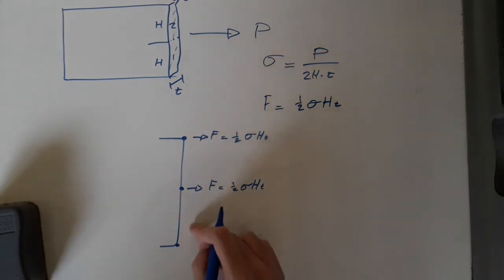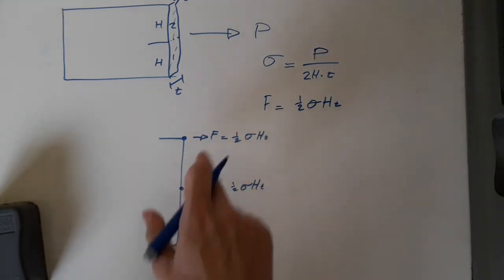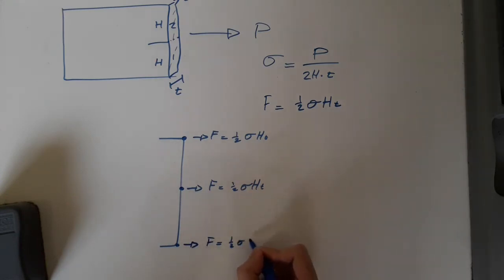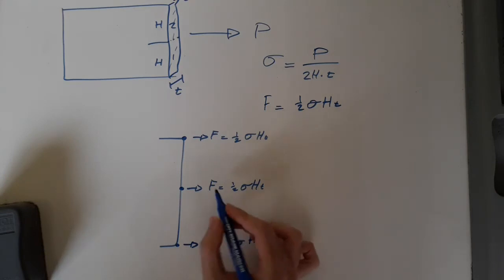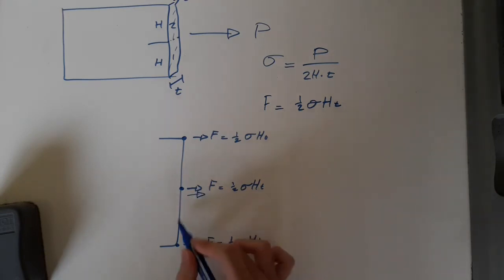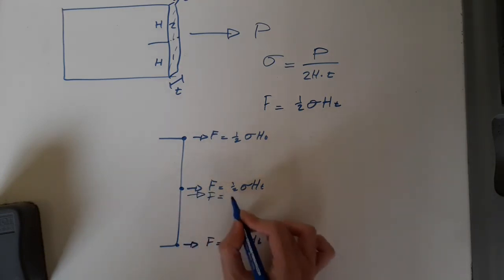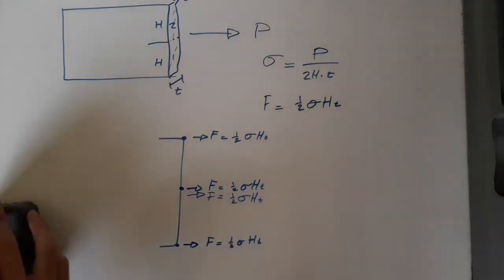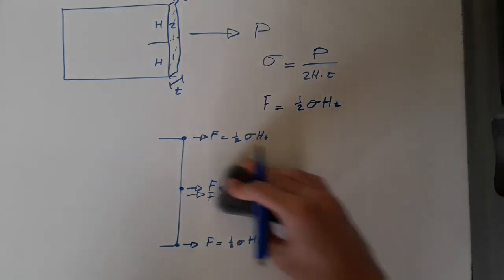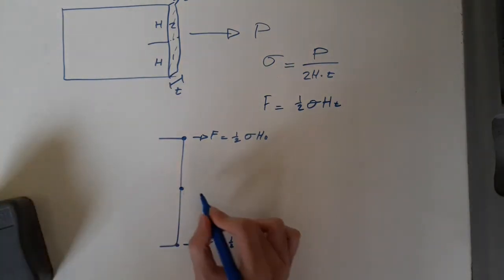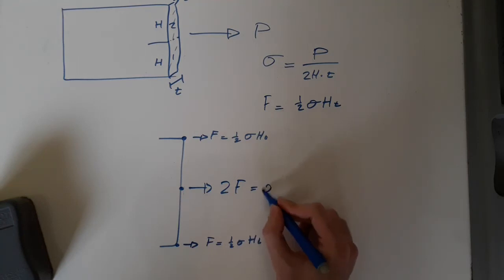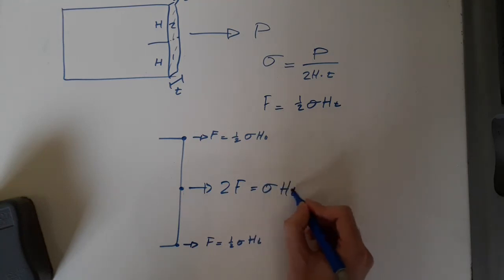Because there's another element here, which has the exact same forces as the previous element, you would also have an F equal to a half sigma ht, and another contribution from this element of F equal to a half sigma ht. Then you can combine these two loads at the middle to simply be 2F, or just sigma ht.